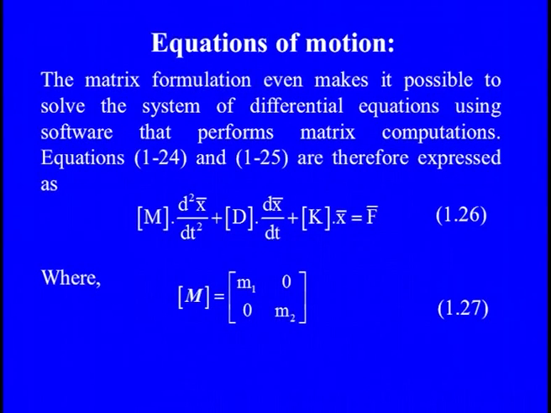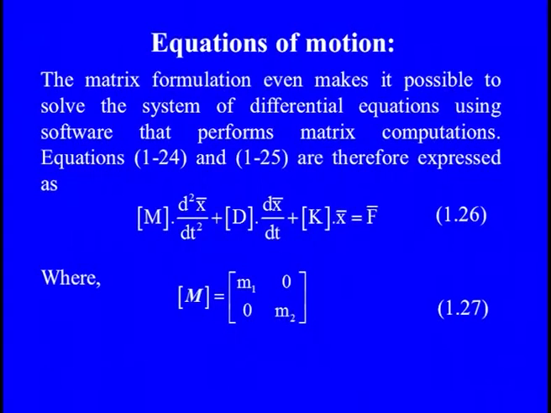You can see that equation 1.26 is simply the same equation, but in state space form, or we can say in the matrix formulation. The mass matrix is a symmetric matrix along the diagonal, and it has to be.